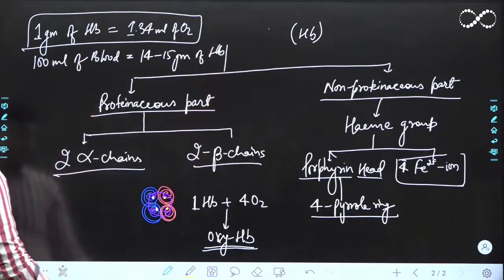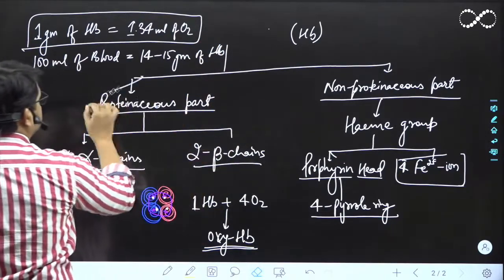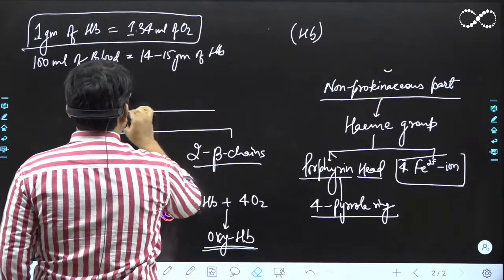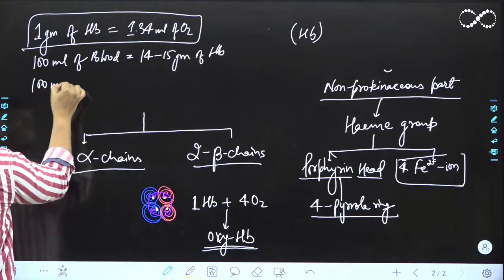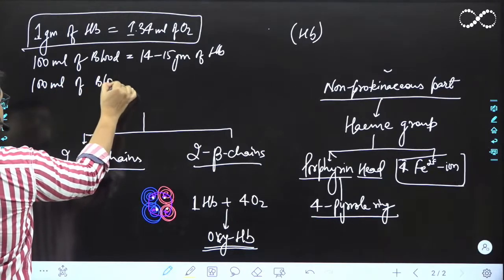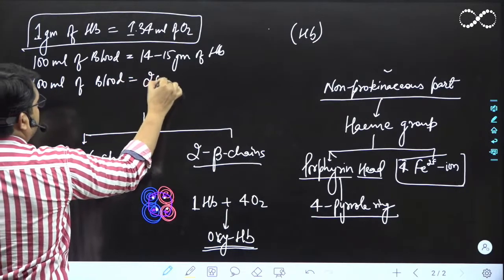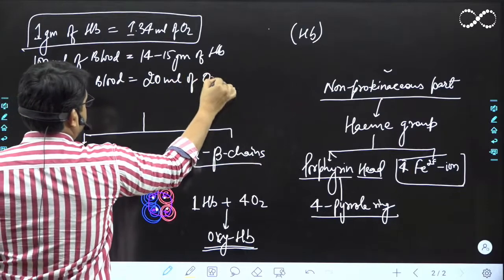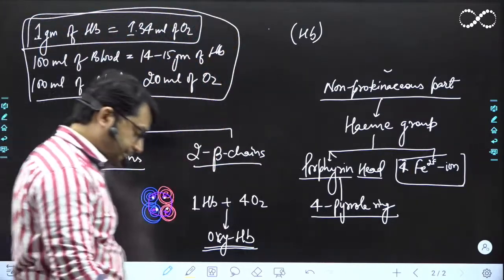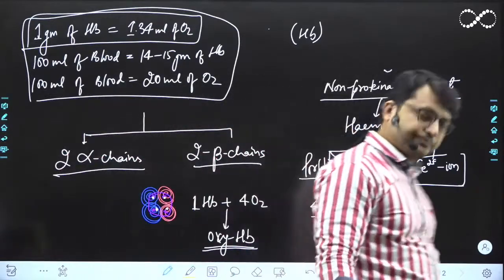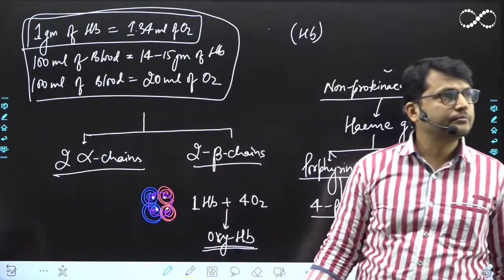Okay, therefore if we are talking of 100 ml of blood, it can carry around 20 ml of oxygen. ठीक है, ध्यान रखना इस चीज को आप लोग. That's it. Okay.